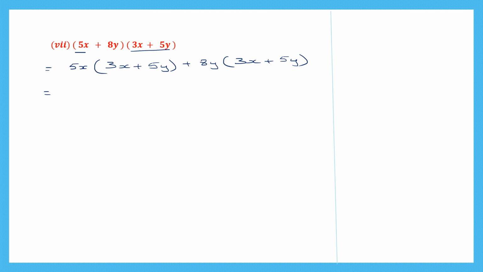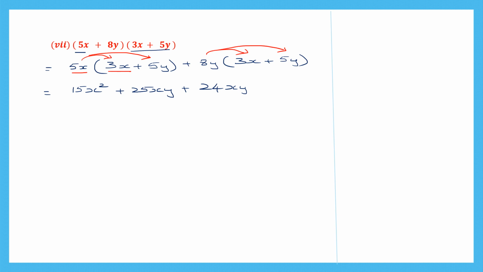Now let's multiply 5x into 3x. 5 threes are 15. So this is 15x square. Then multiply 5x into 5y. The sign is plus, 5 fives are 25. X into y is xy. Then go to the next one. Here we have 8y into 3x. 8 threes are 24. Y into x is yx or xy. Then multiply 8y into 5y.